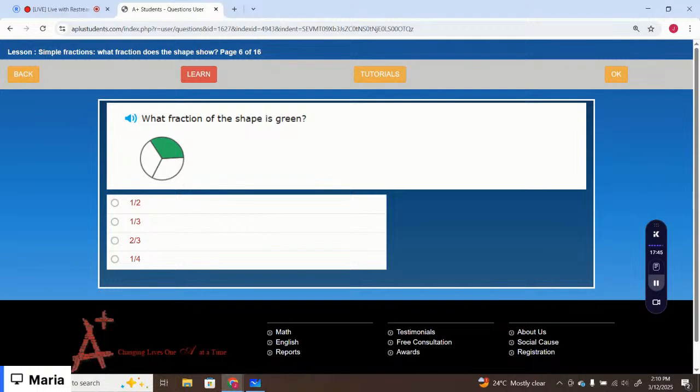What fraction of the shape is green, which is the correct option? That is 1 out of 3. Option number 2 is the correct option.